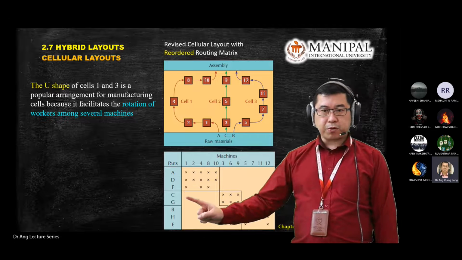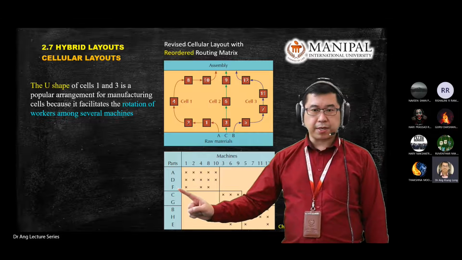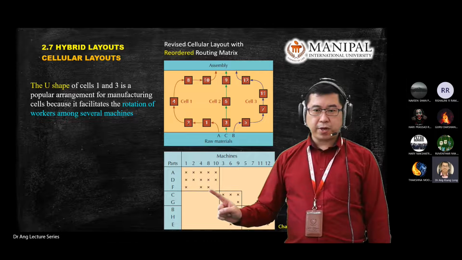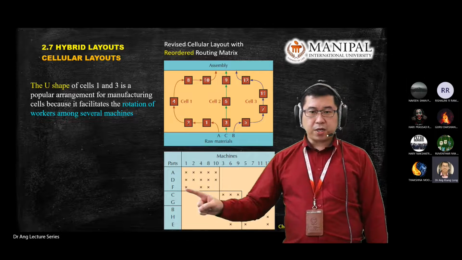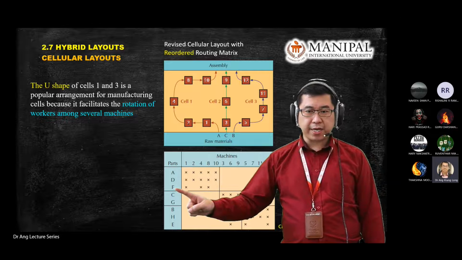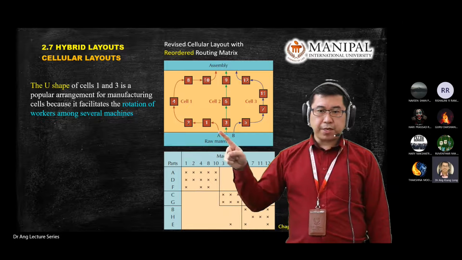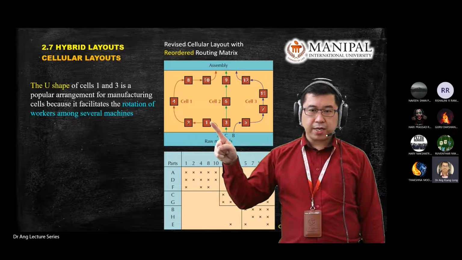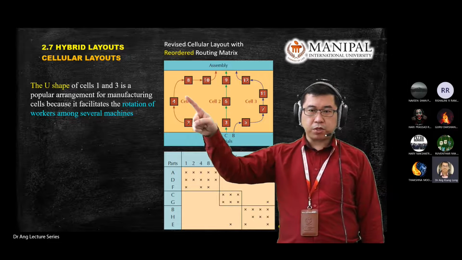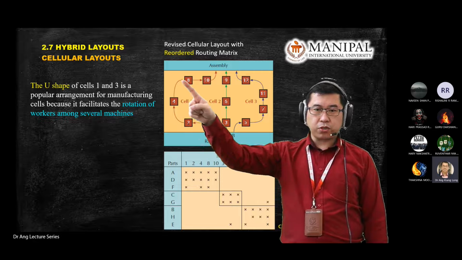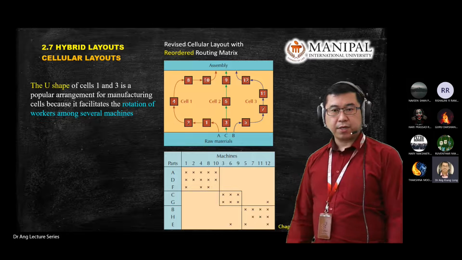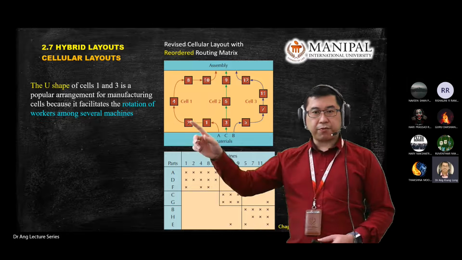For example, part F needs machines 1, 4, 8. So the worker in charge of producing part F can take the part from machine 1, then go to machine 4, then go to machine 8 to produce part F. So this is the benefit of using the U-shape.